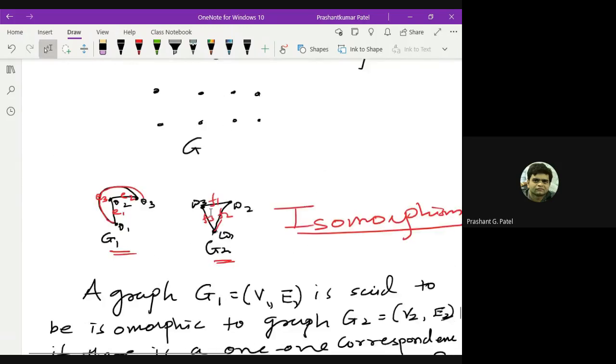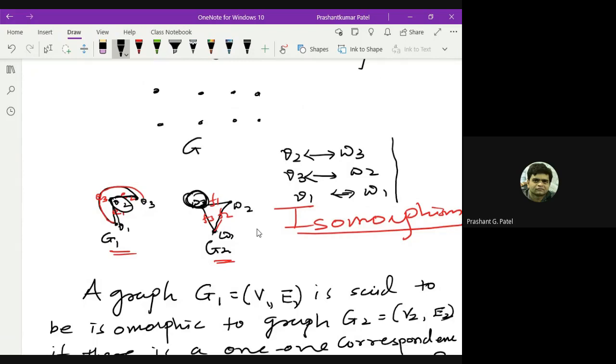For example, in the graphs which I have talked about, I have just defined the labels in a different manner, but the graphs are isomorphic. So the one-one correspondence is there. There is a one-one correspondence between V2 and W3, between V3 and W2, and between V1 and W1.